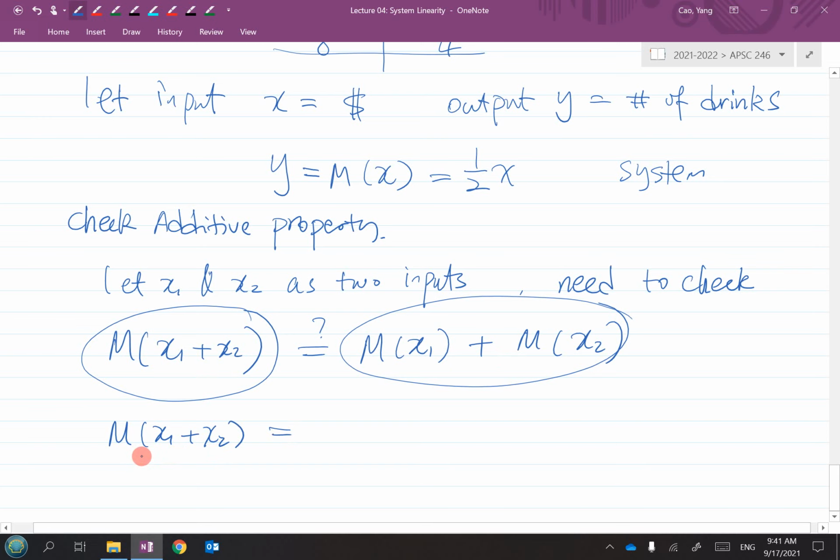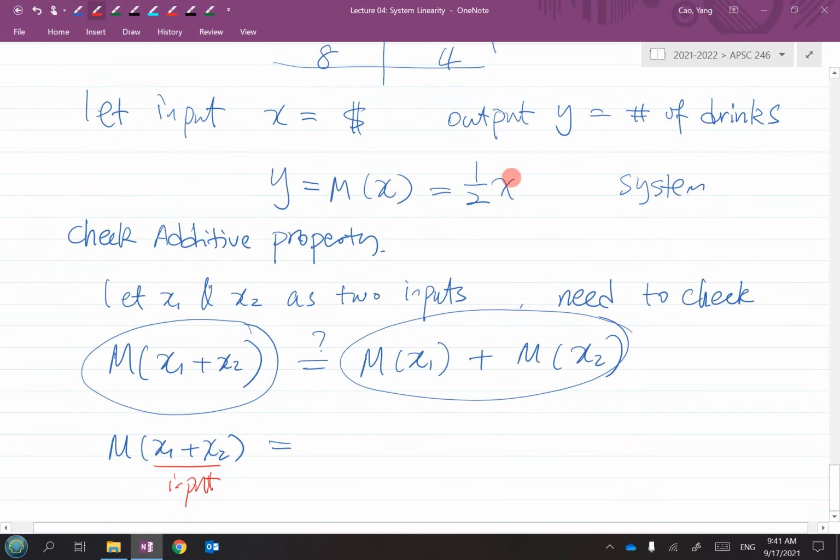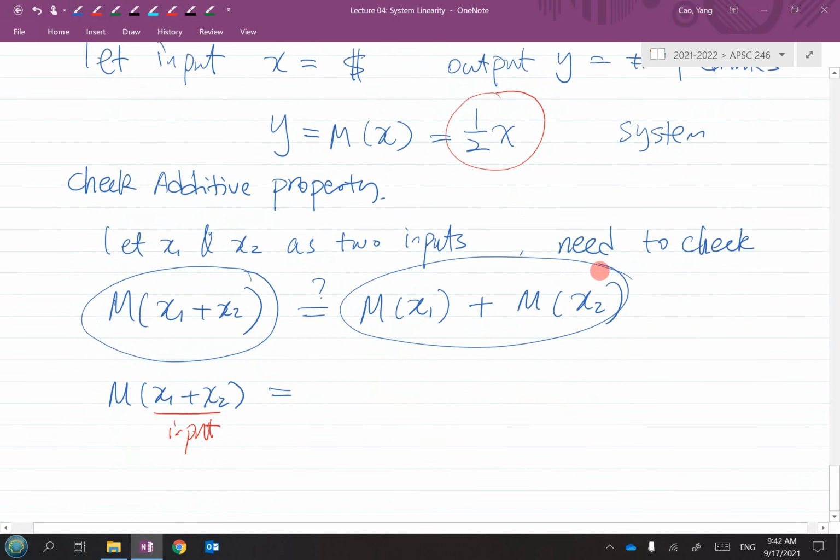Again, a simple question: whatever is inside the bracket is the input, and the system is already modeled as 1/2 x. So you see this x here? You're replacing this x with x1 plus x2. So you get 1/2 times x1 plus x2.